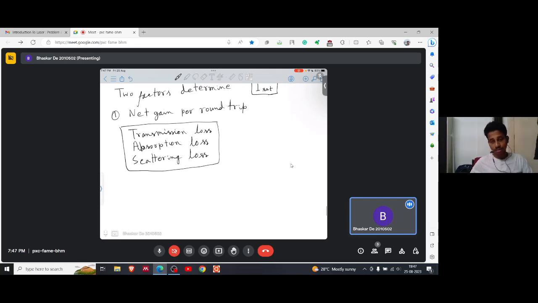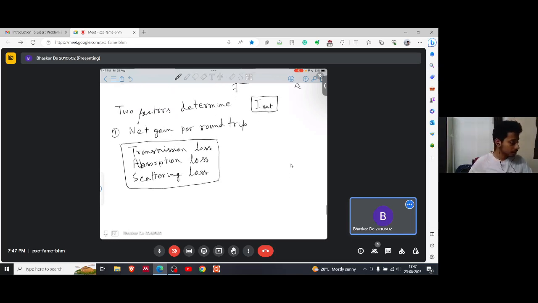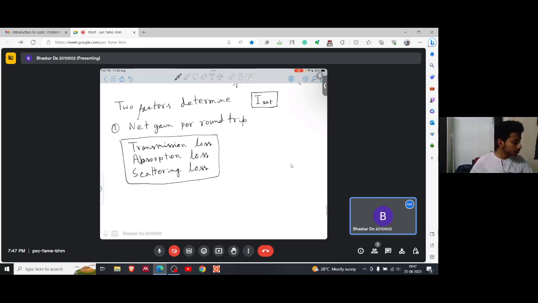So these are the three losses that can happen inside this amplifier. So including all these losses, the total loss should be lower than the gain or increase per round trip through the amplifier.